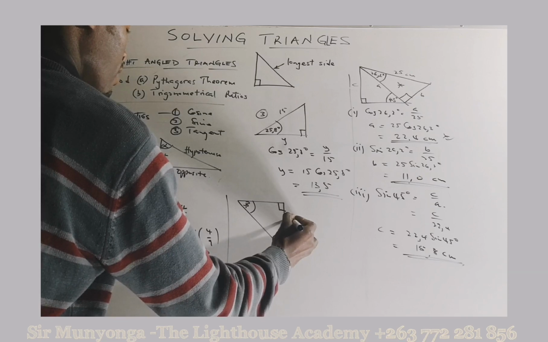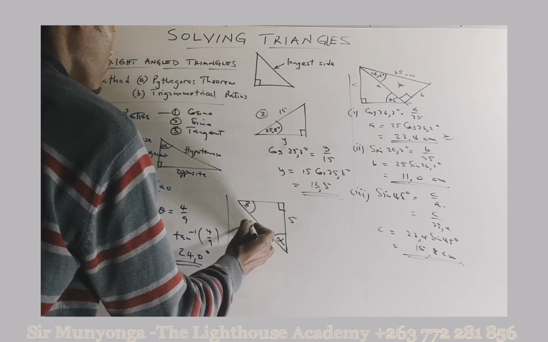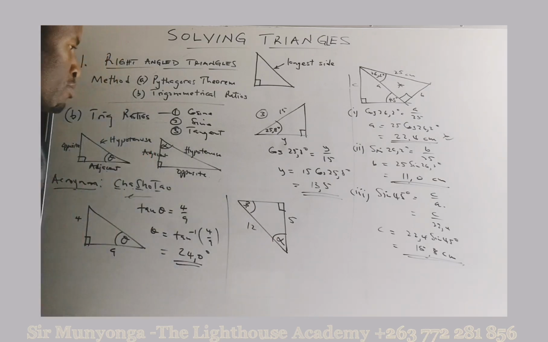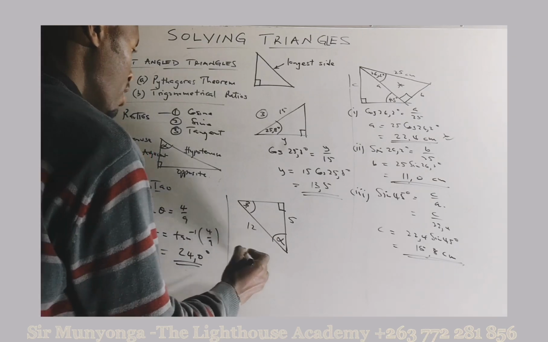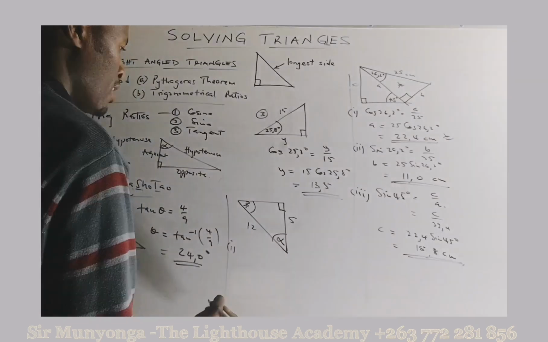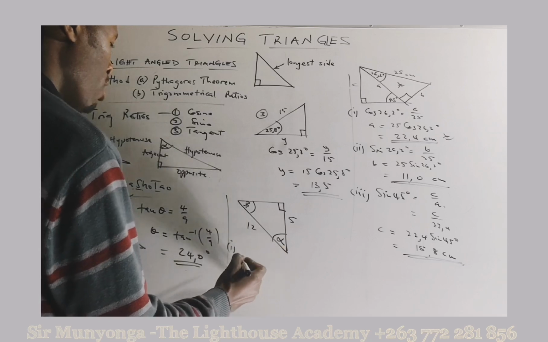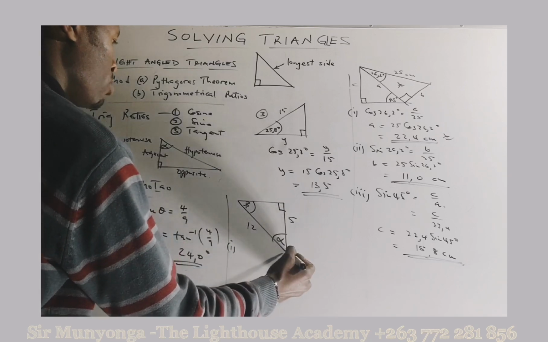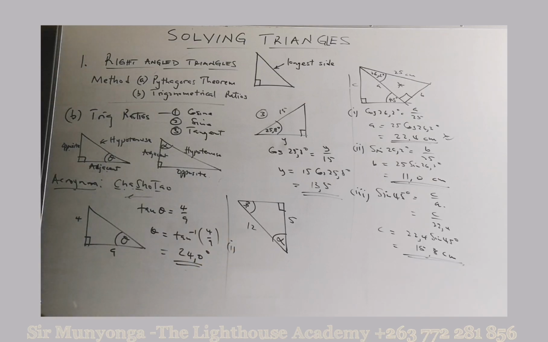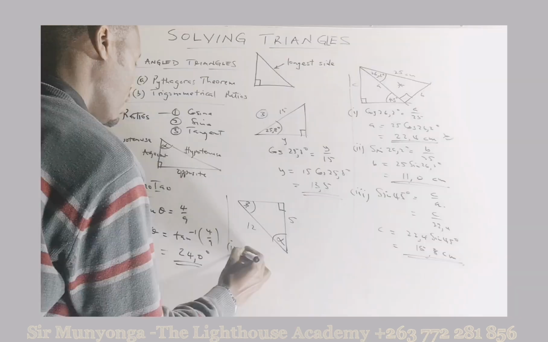Let's say this side is 5 and the hypotenuse is 12. So you are required to find the value of alpha and beta. So first, part 1, let's find the value of angle alpha. That side will be the adjacent side and the hypotenuse. The trig ratio which relates adjacent and hypotenuse, that's cosine.